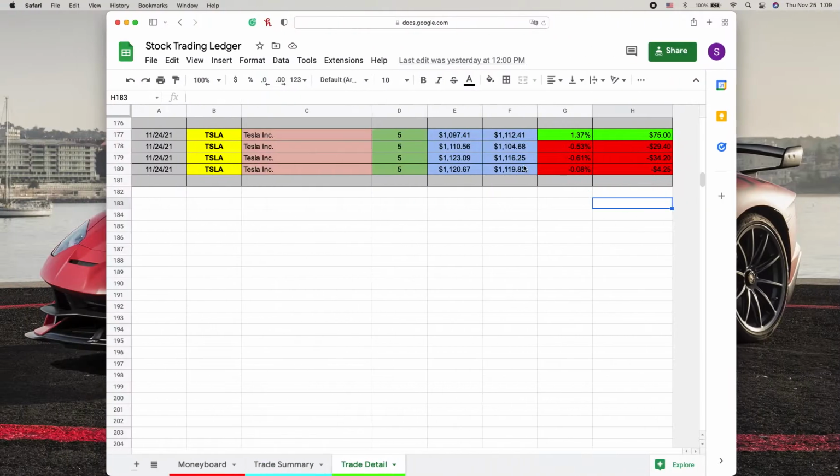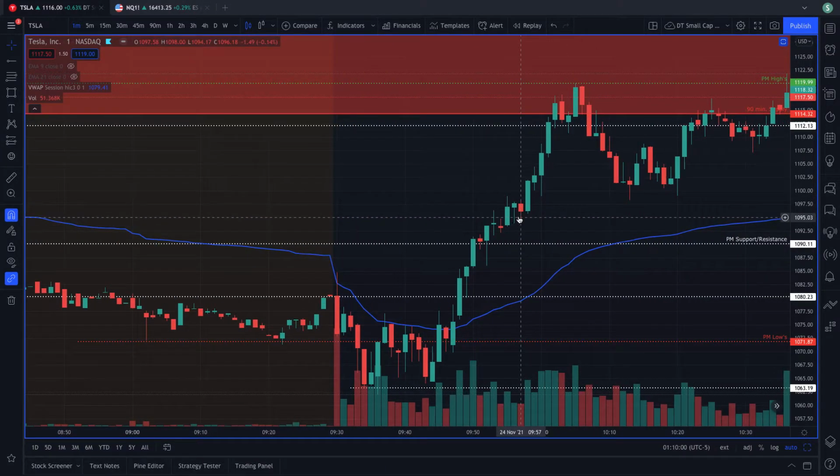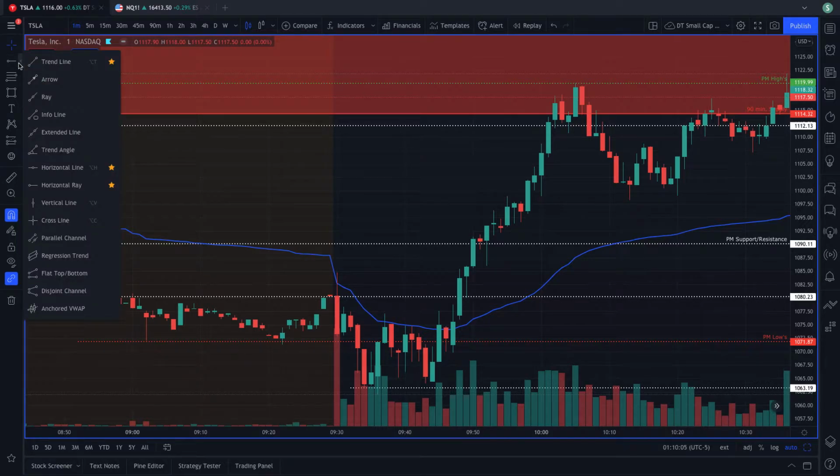I think my first entry in Tesla was, okay, it was 1097.41. Wait, what? Oh, 1097. So I actually entered over here. I will explain why I entered here.